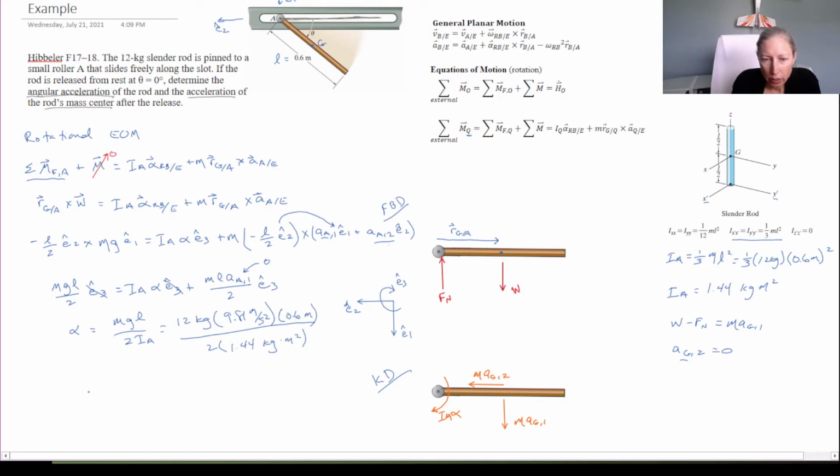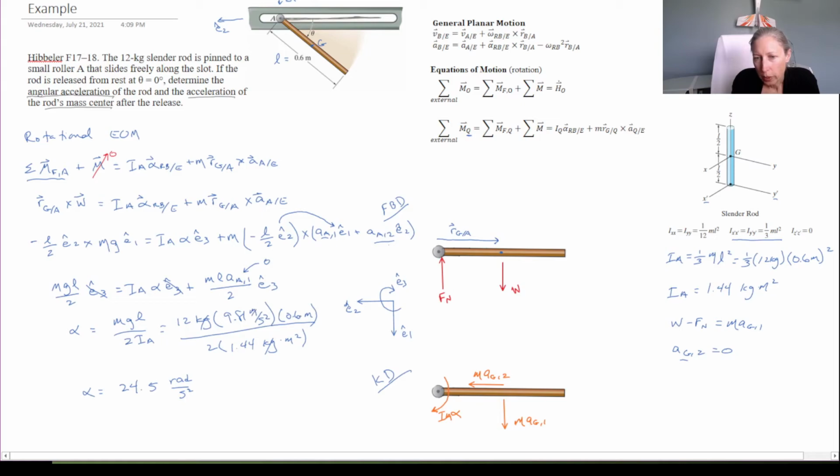And if you do that calculation, you should find that alpha is 24.5 radians per second squared. Now, it's always a good idea to go back and just check the units, because if the units aren't right, you need to fix something. So here's kilograms is going to cancel.